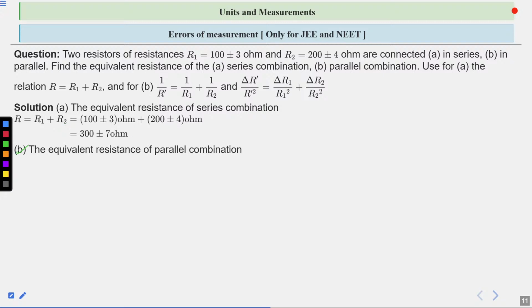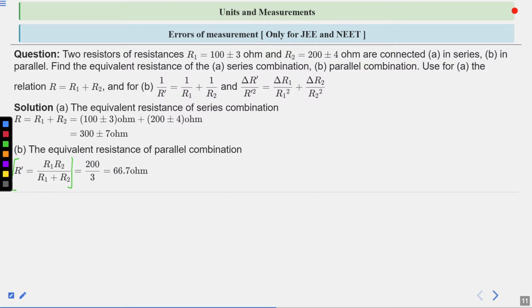Second is the equivalent resistance of the parallel combination. If we talk about the parallel combination, the formula is R prime is equal to R1 R2 divided by R1 plus R2. We know the value of R1 and R2, so just substitute the values of R1 and R2 and you will get R prime.